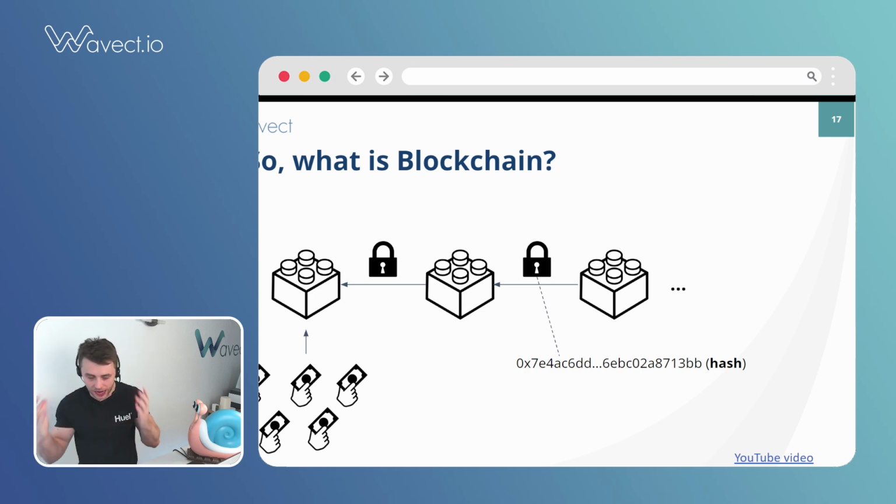And the block, as mentioned again, is just a container for transactions. And as you can see, we have a lock after each block. And these are usually, from a technical point of view, defined through a hash for data integrity. You can see an example here, it's basically just an alphanumeric value of a fixed length.